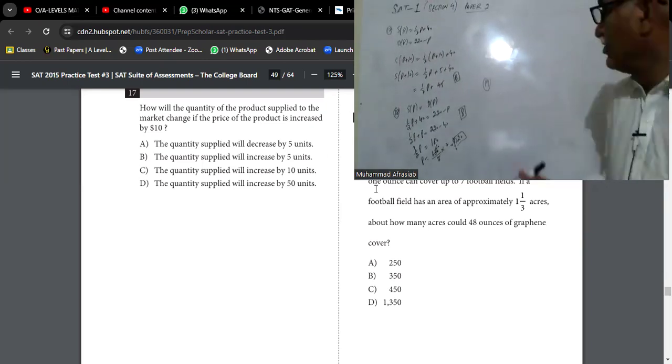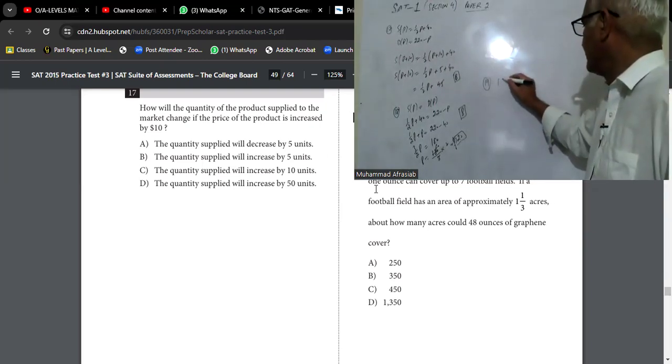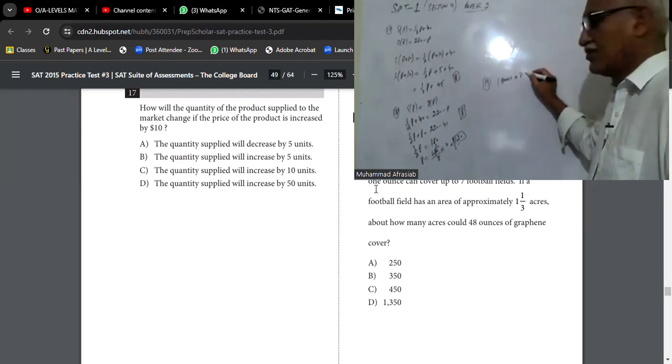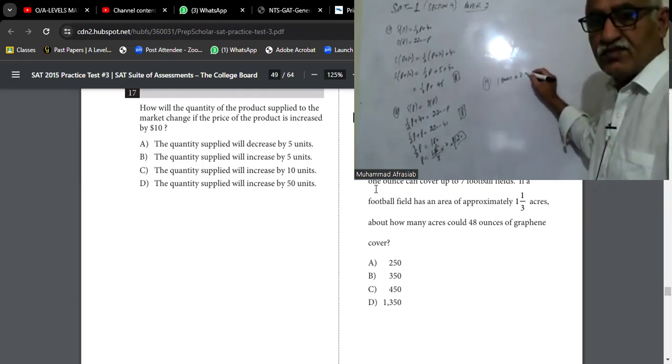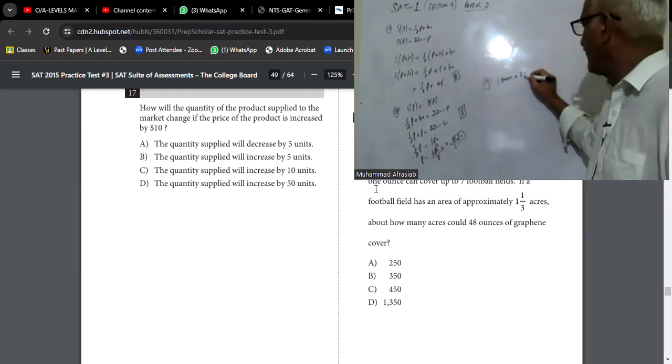So 1 ounce is going to cover 7 football fields.